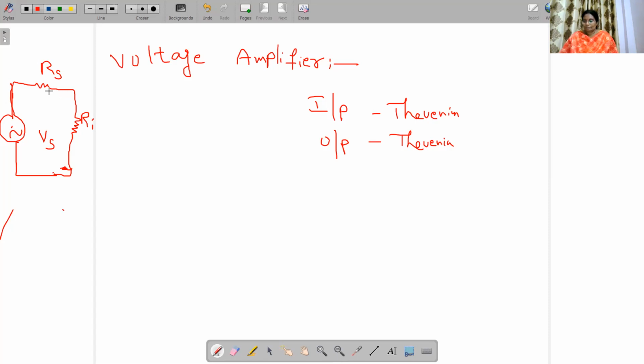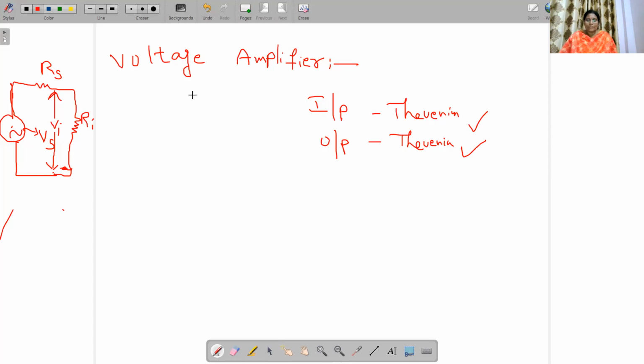You have to take the voltage drop across the resistance, that is Vi. So Vs represents the source voltage, this is Vs, this is Vi, and this is the input. Input is which type of equivalent model? That is the Thevenin equivalent model. For the input you use the Thevenin equivalent model, and the output side is also a Thevenin equivalent model.